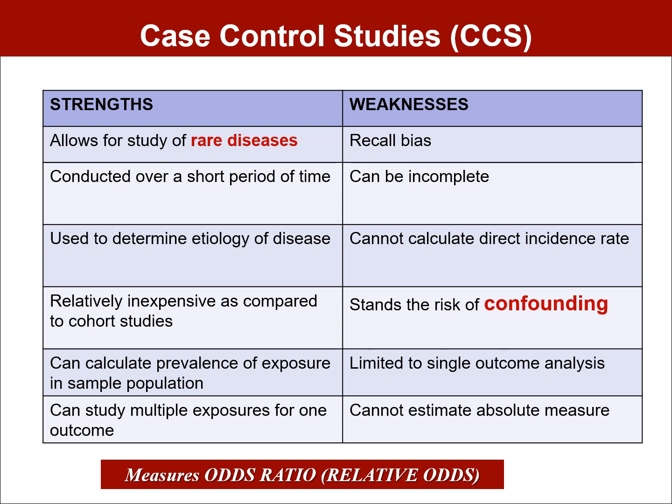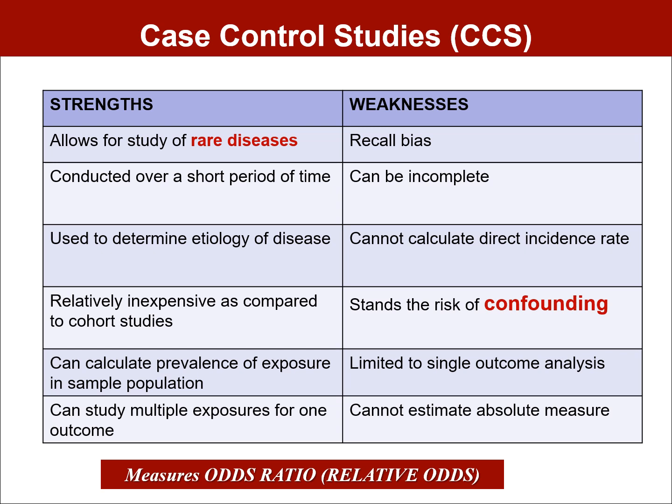So I don't mean to sound redundant, but the more you hear about this, I think the more it would help you identify which study design will be more or most suitable for your circumstances. So let's talk about the strengths first before we go to the weaknesses.